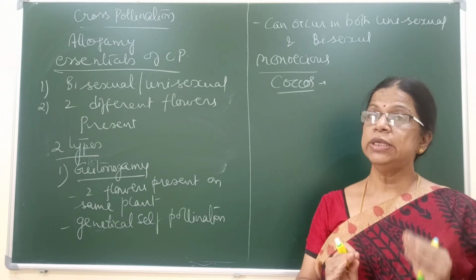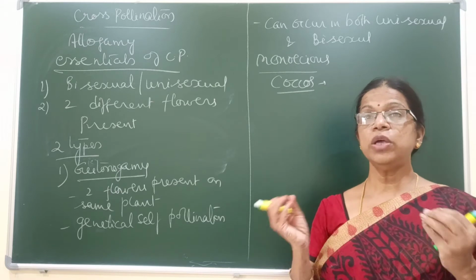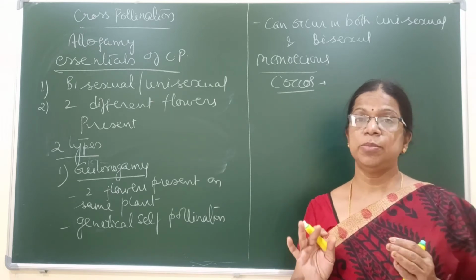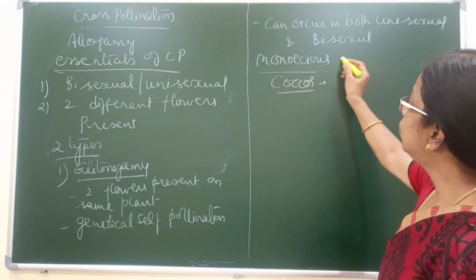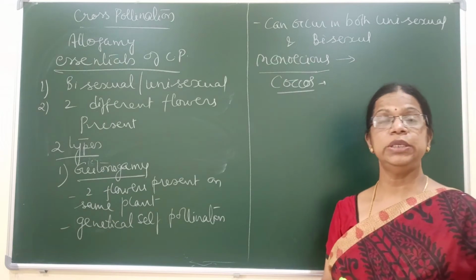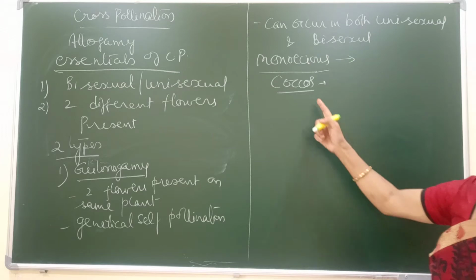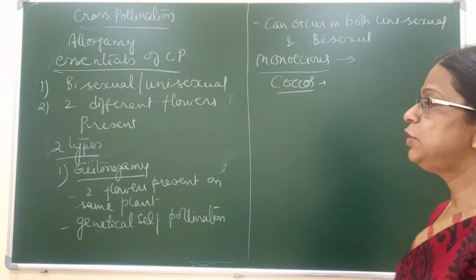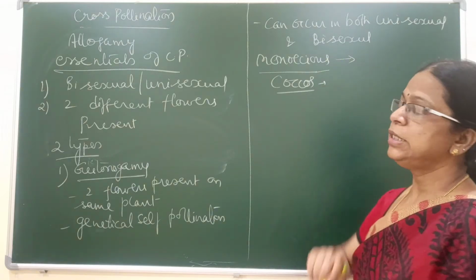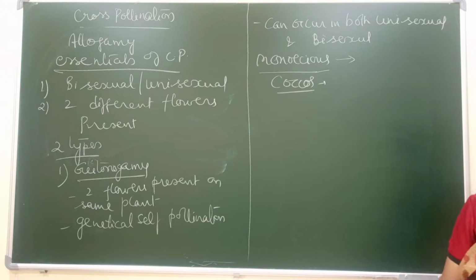Here cross pollination will occur between two flowers present on the same plant, so geitonogamy can take place in the monoecious condition. You can take those examples for geitonogamy.